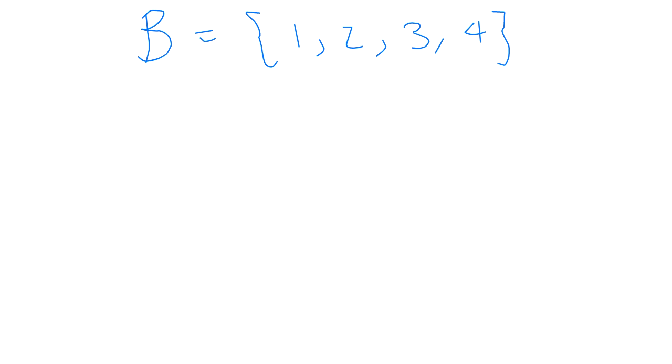All right. So let's use the relation less than. Here are the pairs that would be in the set R. Using the relation less than, the pairs that would be in our relation would be these.